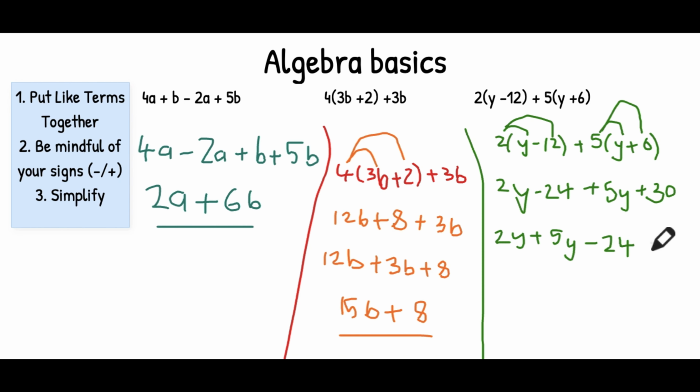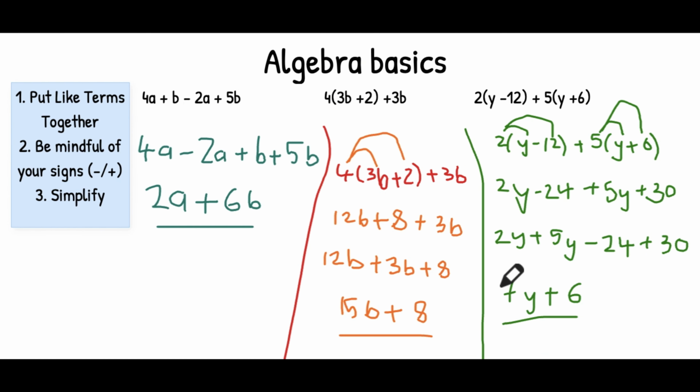And I've always said in the integer video, the sign of a number is on the left of it. All right, plus 30. Okay, then the third rule, simplify. 2y plus 5y is 7y. Then negative 24 plus 30 will give us a positive 6. If you are really confused about your integers, please watch the integer video, adding and subtracting integers. All right, so that is our answer.